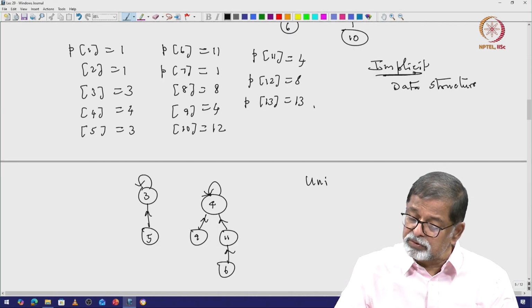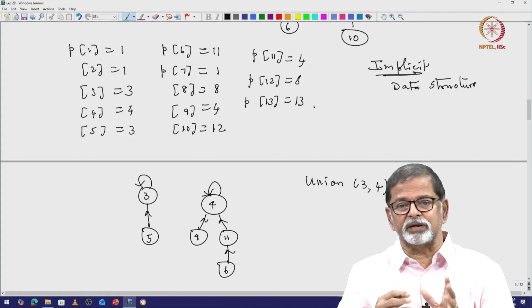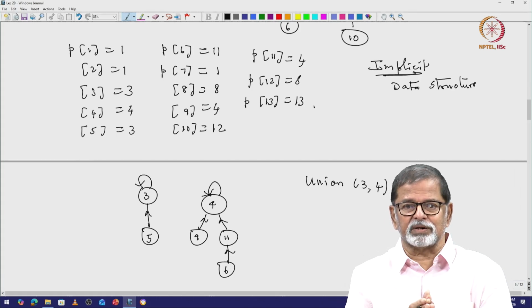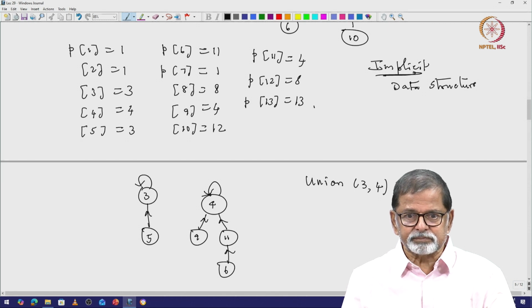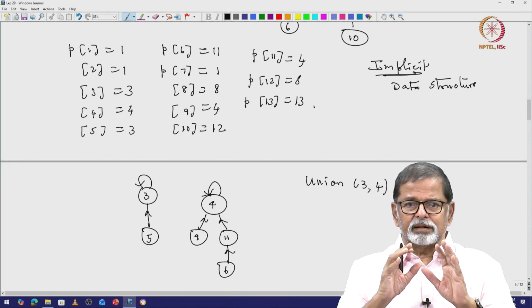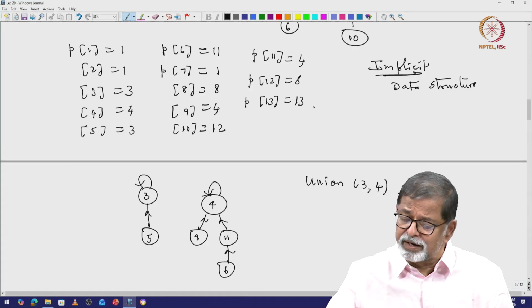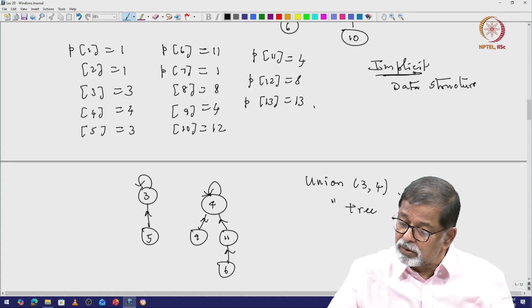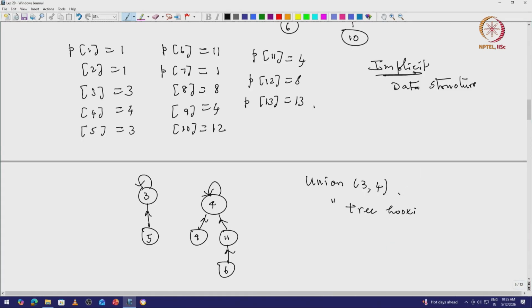How do you perform union, let us say 3, 4? Union 3, 4 if I want. Two sets and their names are given, you have to do it. The union is performed in a very simple manner and it is called tree hooking. You hook one tree to another, you attach one tree to another and make one big tree, right. We know that the root should carry the name.